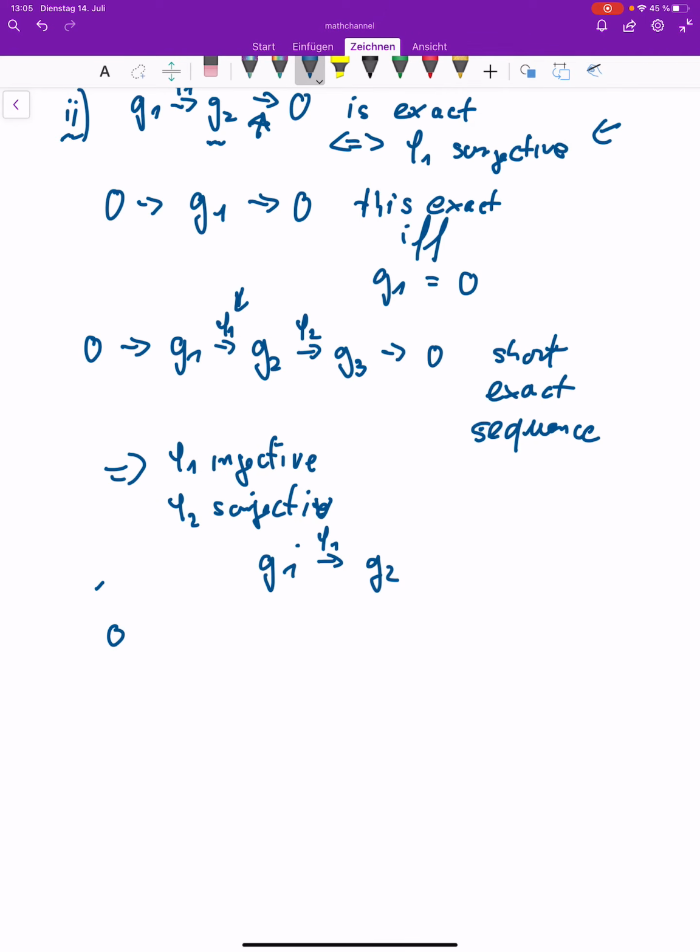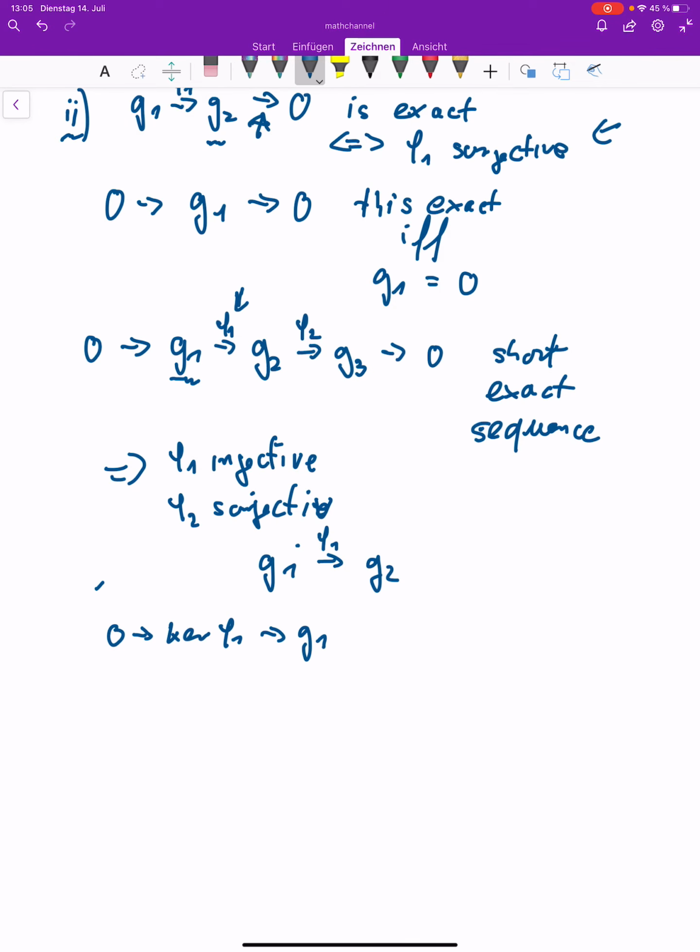Well, why not take this one here? We just take the kernel of phi1 and we inject it in G1. Remember, the kernel is also a group, so the kernel now plays the role of this group G1 here in our definition of short exact sequences.